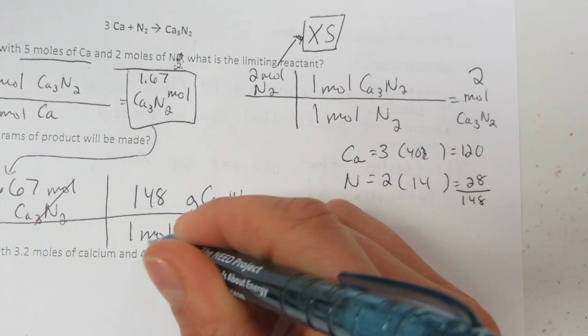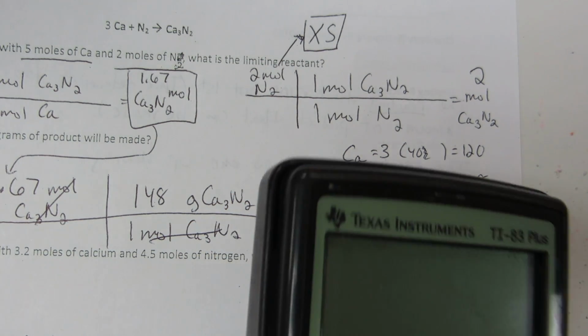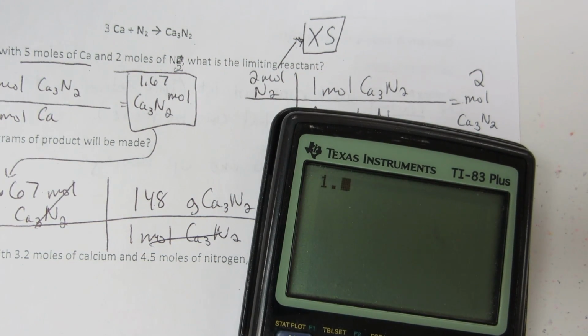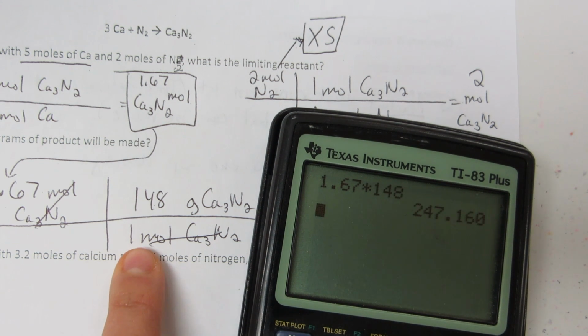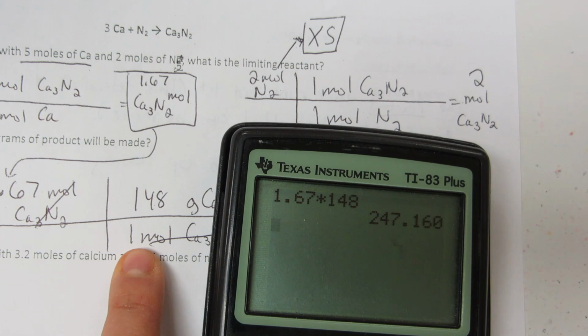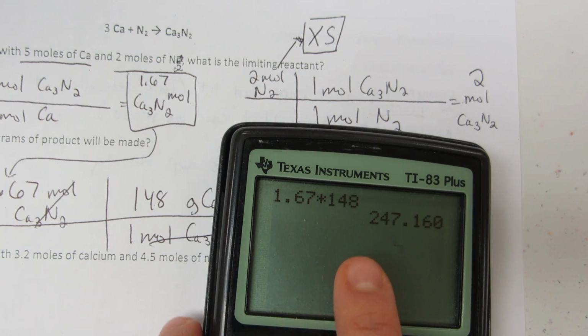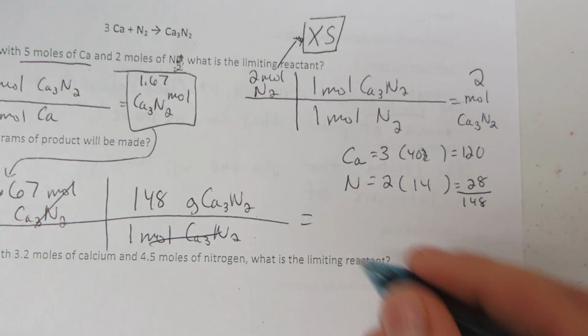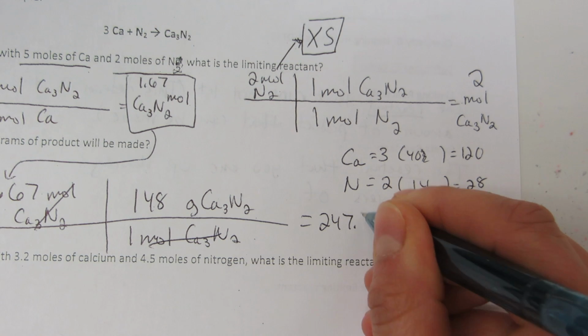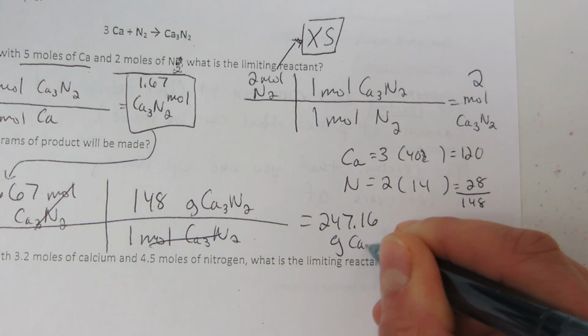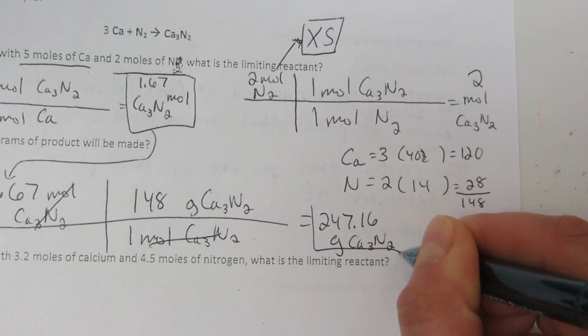Alright, moles cancel out, so now I'm going to do my 1.67 times 148, and then we don't have to worry about that 1, so we get 247 about. We'll say 247.16. And this is grams calcium nitride.